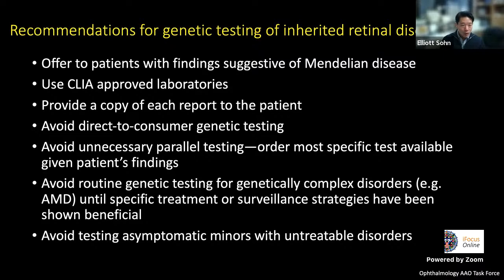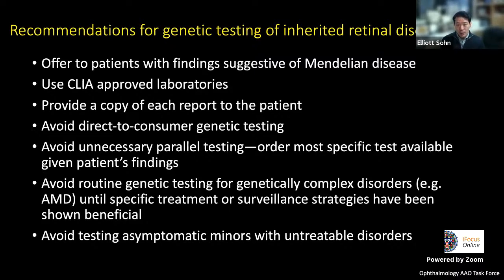And you also want to avoid doing testing in asymptomatic minors, so below 18, at least in the US, that have untreatable disorders. So if they have signs or symptoms of a macular dystrophy, then it's certainly reasonable to test them. And if there's a treatment that becomes available, hopefully soon, for one or more of these disorders, that would also potentially be a reason why that might change.